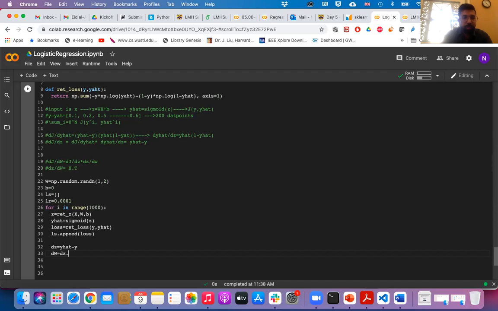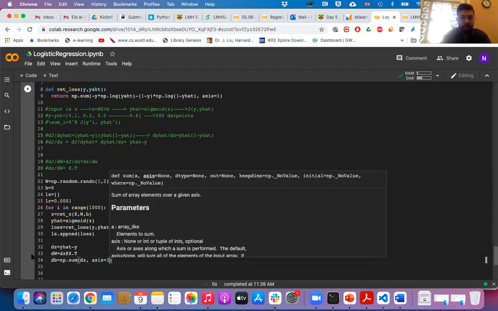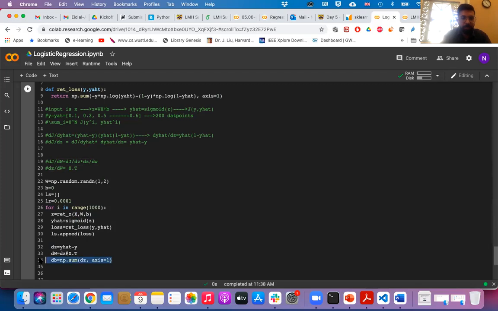So this is dw equals np.dot of X and dz transposed, and similarly db is np.sum of dz along axis 1. I'll explain these two. We have done it for scalars, but we haven't done it for matrices.